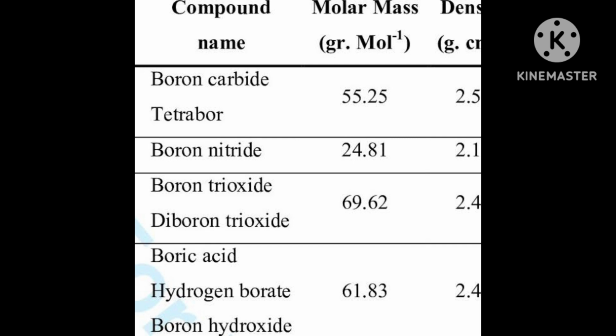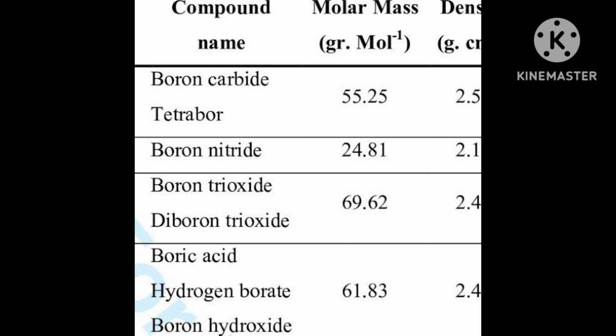This HBO2 on further heating yields boric oxide, B2O3. So if you heat H3BO3, it will give you HBO2, metaboric acid, and metaboric acid gives B2O3, that is the boric oxide.